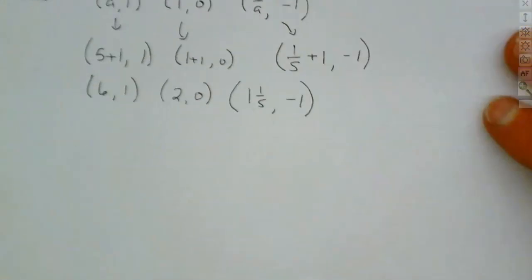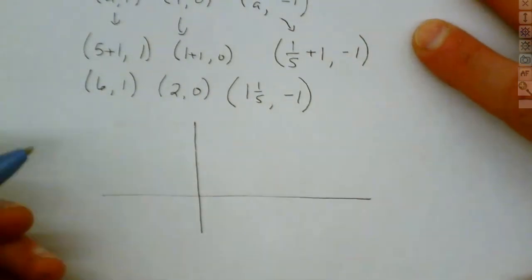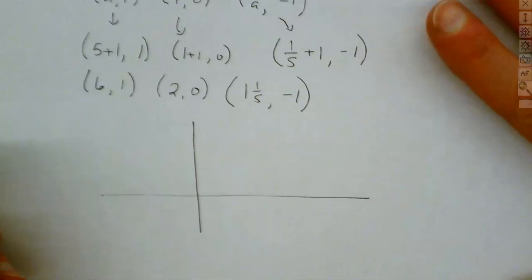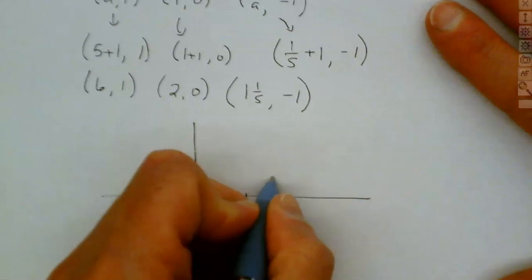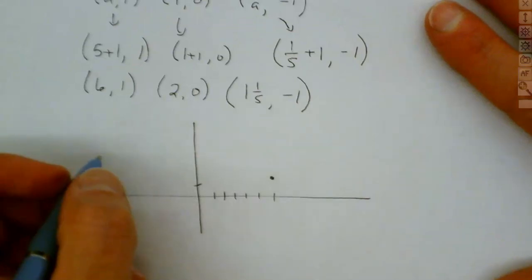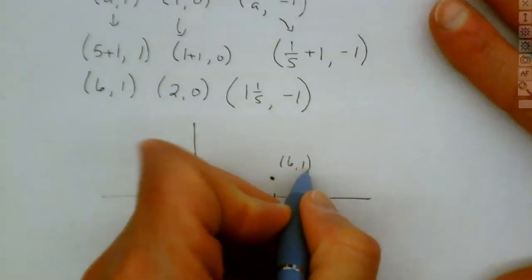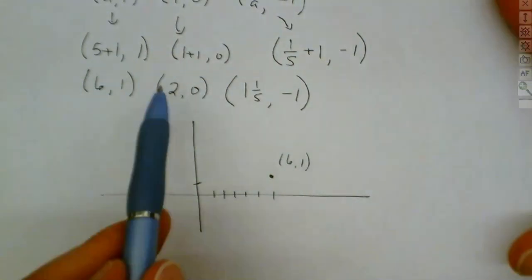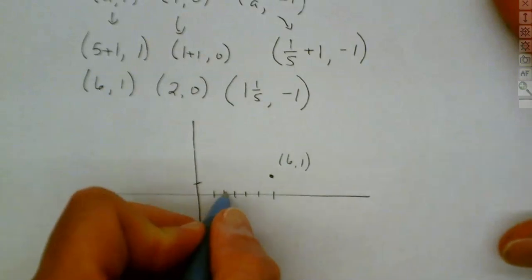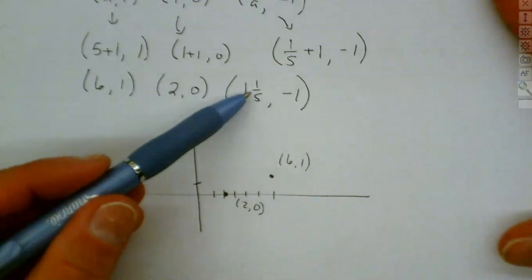We adjusted our points. So we've got 6, 1. So that's right about there at 6, comma 1. So that's what we've got there. What about the next one? Okay, the next one is at 2, 0. So that's back here. Make sure the points look correct. And then we've got 1 1/5.